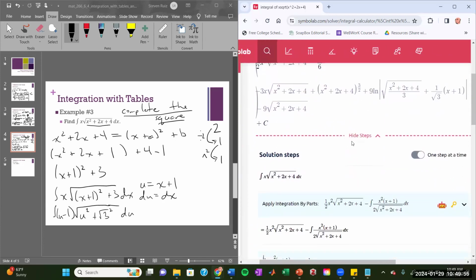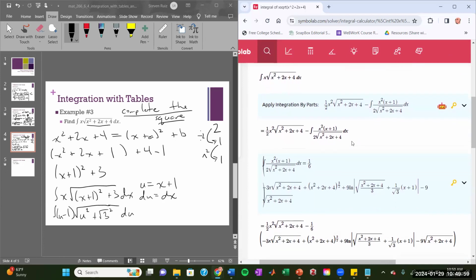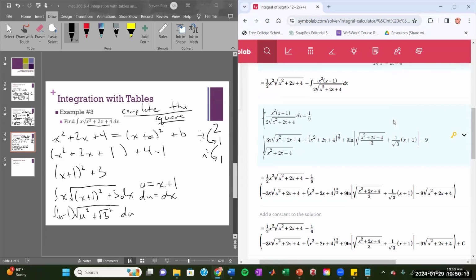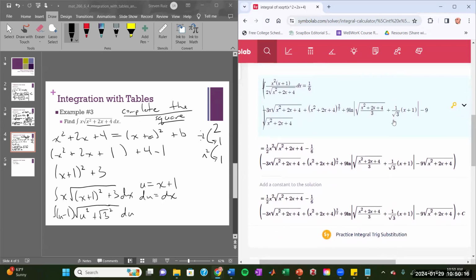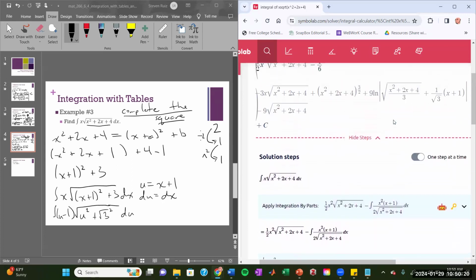So did it give me steps? Okay, so sometimes it gives you steps. So it says you could apply integration by parts. I don't think I would have thought to do that. But then you still have to deal with this integral on the right-hand side here, x squared times x plus 1, and so on. So I don't know if Wolfram Alpha will give you steps, but Symbol Lab will.